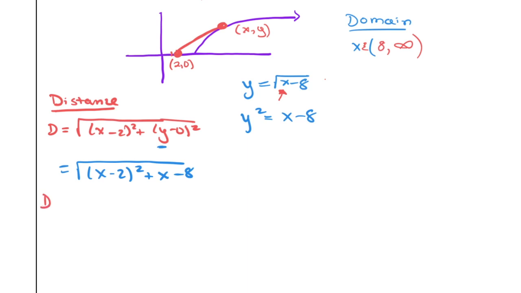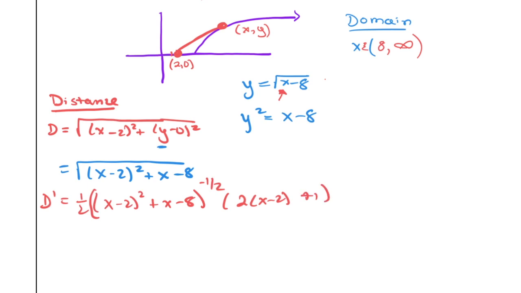So once you have your domain, you will find the critical numbers within that domain. Now, think about the derivative for a minute. D prime uses a chain rule, not once, but twice. So when you're thinking about your problems, be a little bit creative. Using that chain rule, yes, we can find a derivative, no problem there. But if we're going to minimize distance, could we also minimize the distance squared?